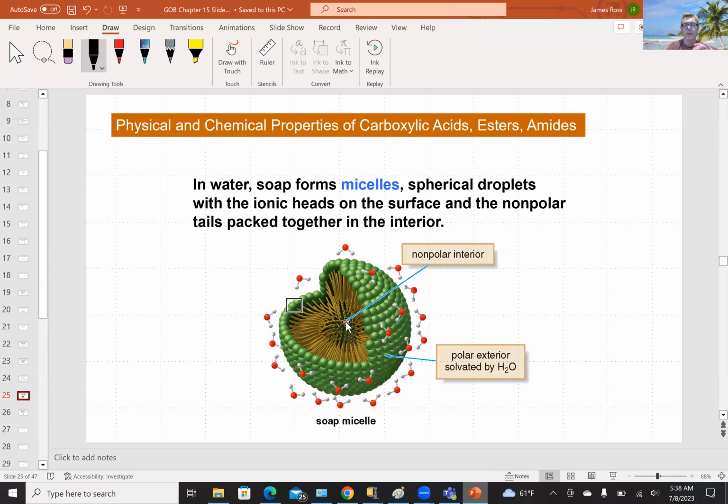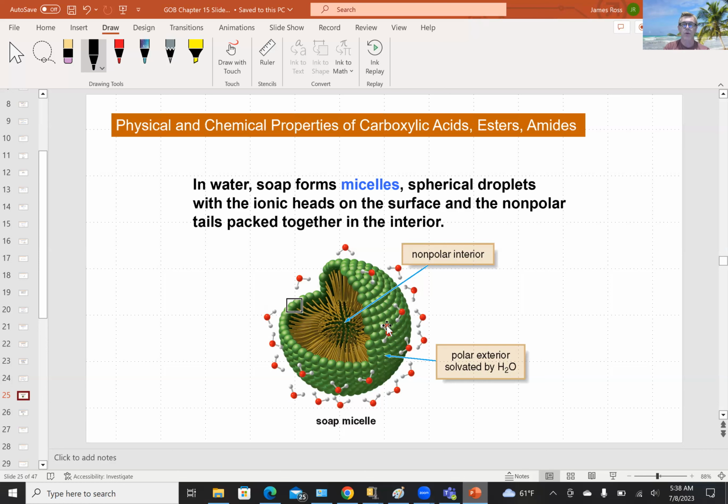And they self-assemble into spherical micelles, where all the greasy chains kind of cluster together in the interior. And the water molecule preferentially interacts with the polar head via its hydrogen bonding and what have you. So water helps mold this thing into a spherical micelle.